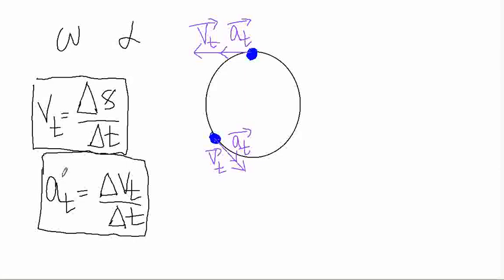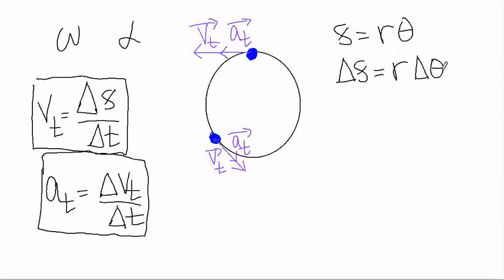Now let's see if we can relate these to omega and alpha. So we know that the length of an arc is equal to the product of the radius and the corresponding central angle. So that implies that delta s is equal to r times a corresponding delta theta for motion along a circle.